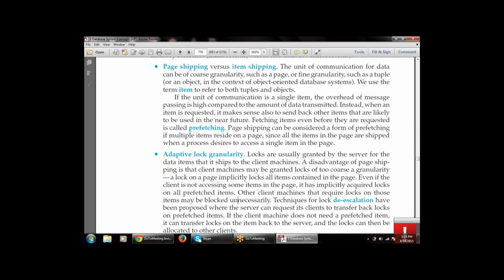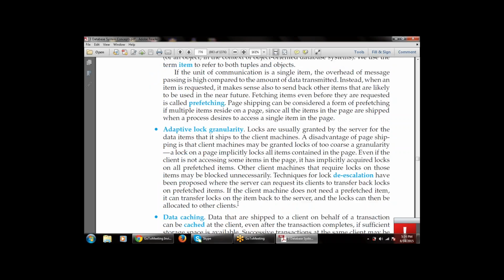Even if the client is not accessing some items on the page, it has implicitly acquired locks on all the prefetched items. Another client machine that requires locks on those items may be blocked unnecessarily.